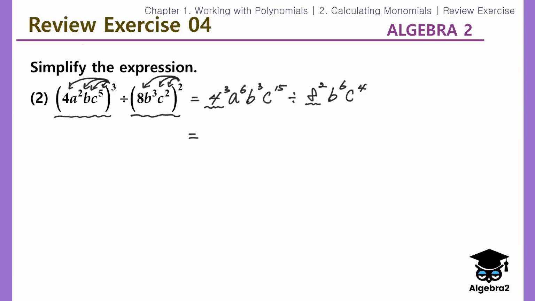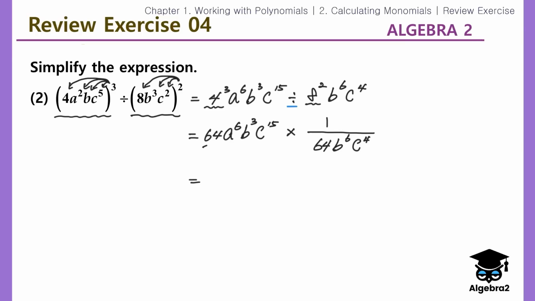8 squared, that's 64, right? So here first, we're going to convert this division to multiplication. So 64, a to the 6, b cubed, c to the 15, times 1 over 64, b to the 6, c to the 4, right?